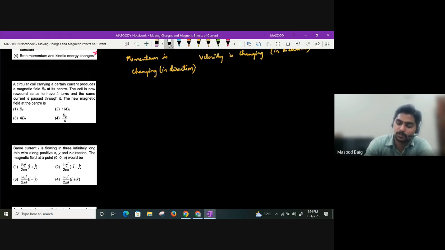Now, very simple logic is, dekho, you take some wire, guys. It has some length L. I am converting it into a circular coil of 1 turn.